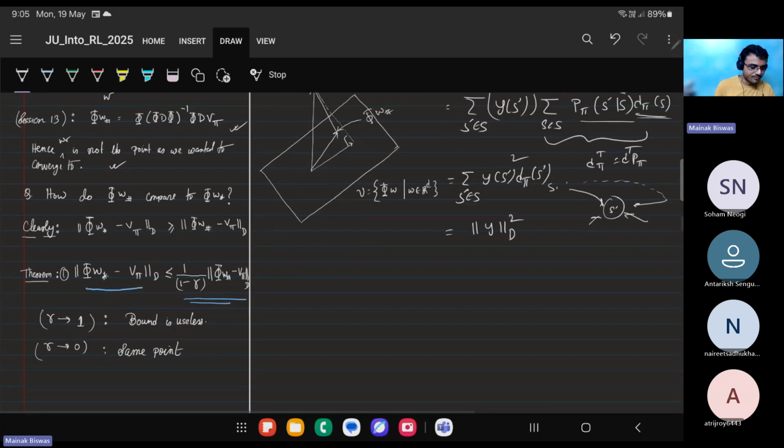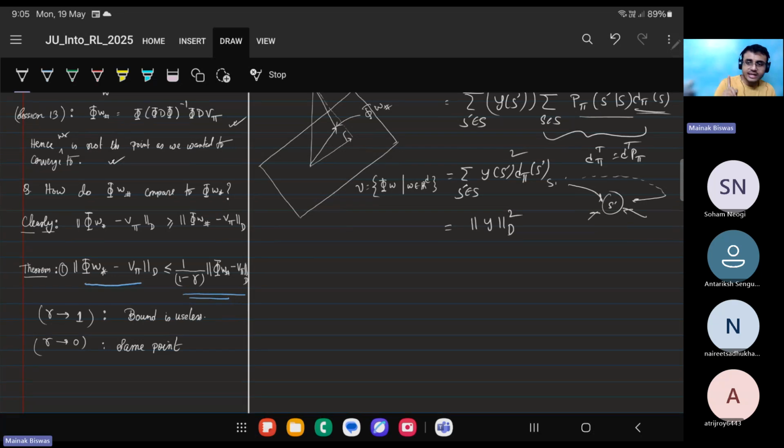So now tell me something. There's a clear inequality over here. Phi W star minus V pi, and phi W hash minus V pi. Which of the following will be greater? By triviality, there's no question regarding that.